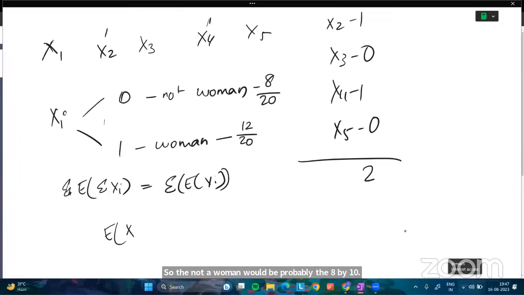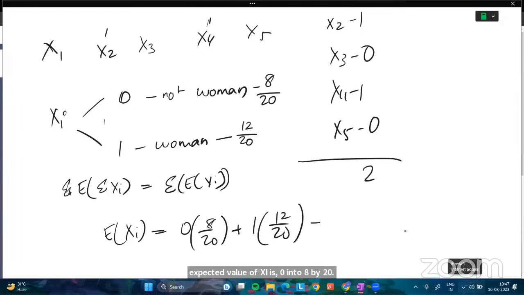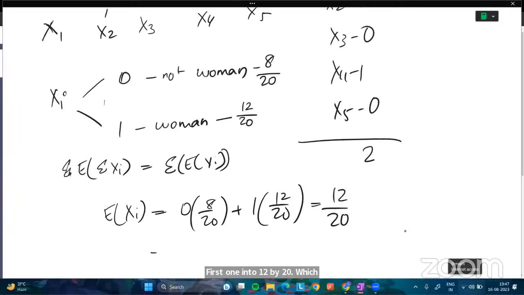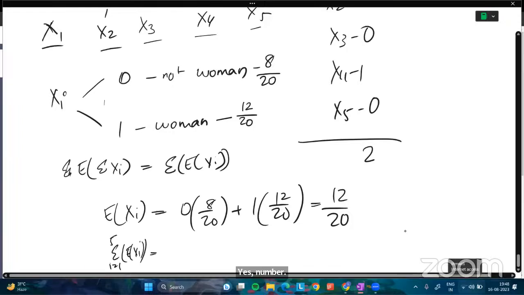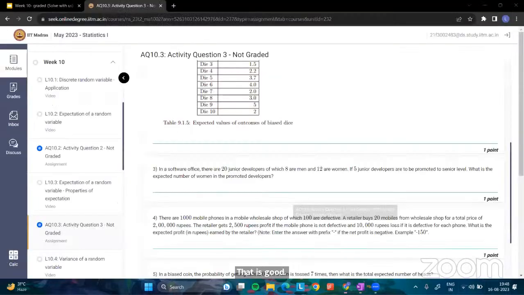The expected value of xi is 0 into 8 by 20 plus 1 into 12 by 20, which is 12 by 20. The summation of the expected values of xi, we'll have to sum it 5 times because we have 5 xi's. So it'll be 5 into 12 by 20, which is 3. Yes, ma'am, that's it.